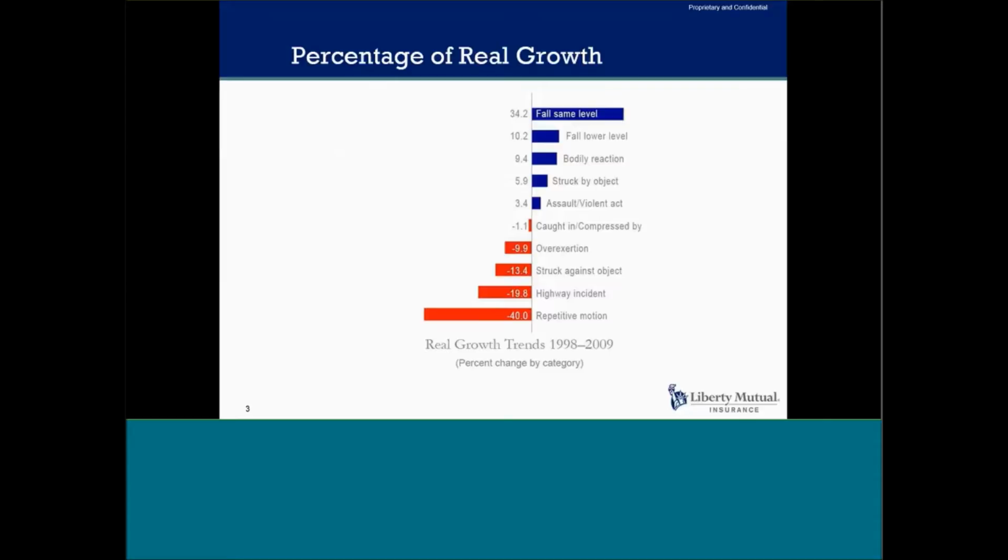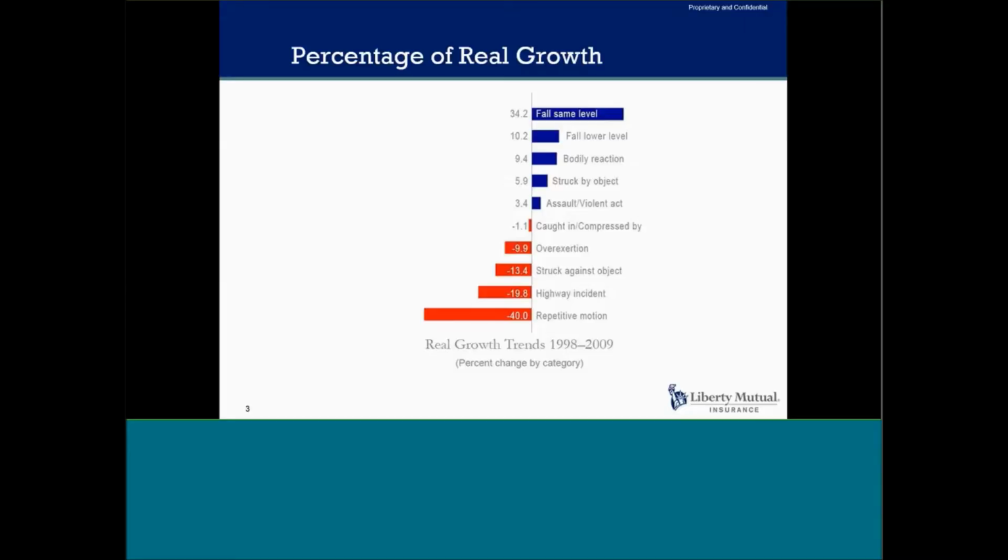Let's look at the United States, and let's see the percentage of real growth of accidents caused by slip, trips, and falls. On the highest area, you have fall from the same level. This means people are slipping and tripping and falling just over their own feet or over obstructions in the general area.